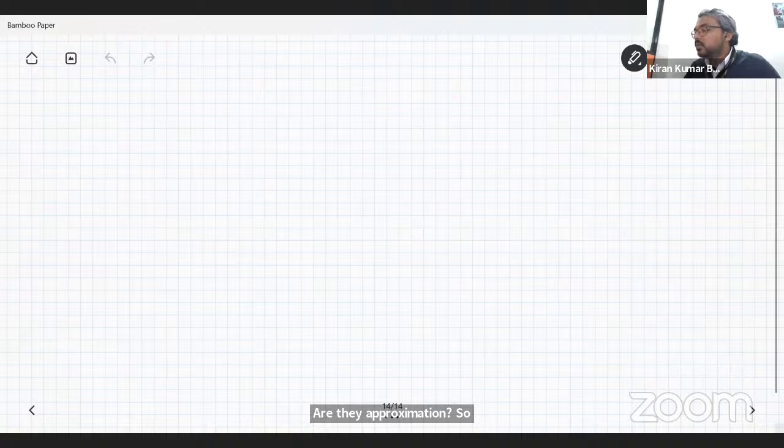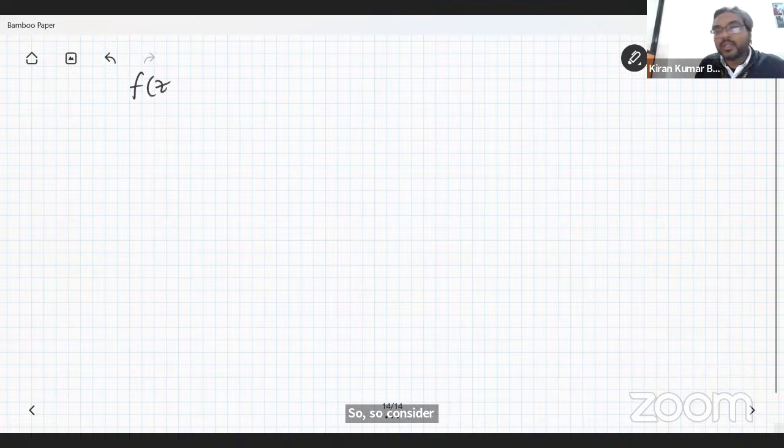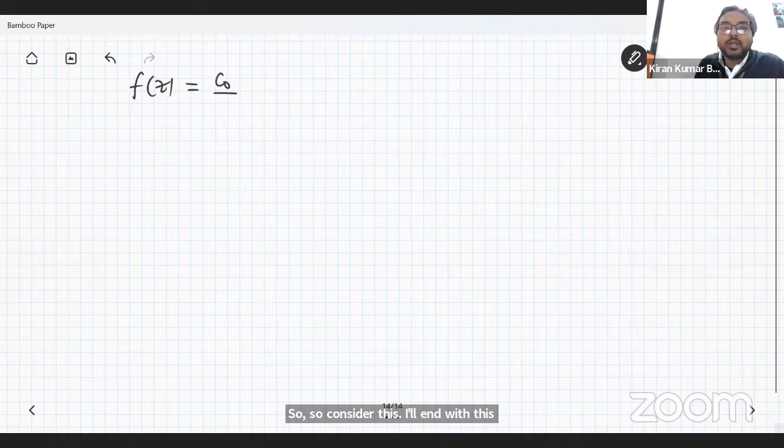So let us start with a working example. I'll end with this example. So f(z) is c0 by z plus c1 by z squared plus c2 by z cubed plus so on.